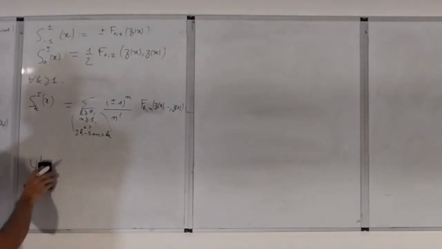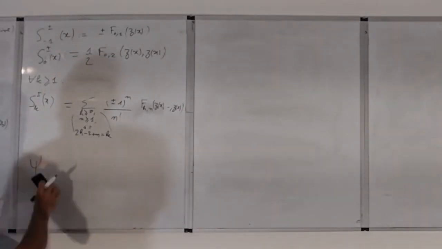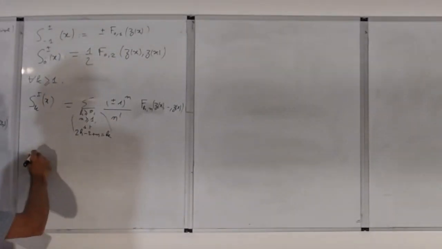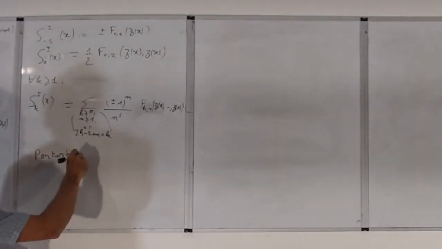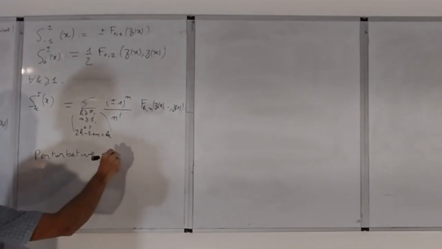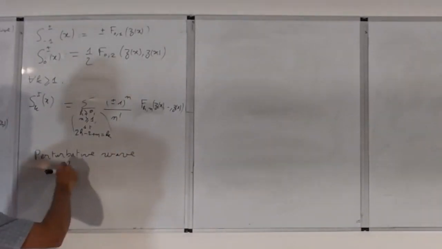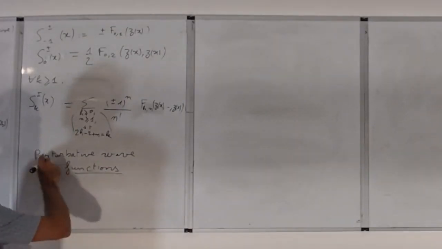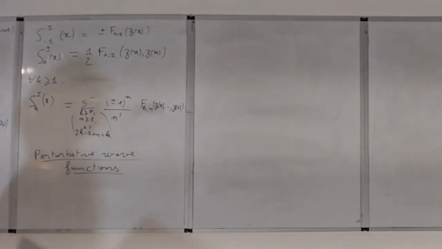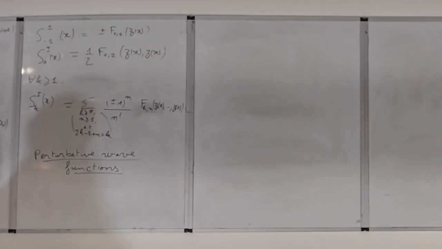So now out of that, I can build two perturbative wave functions, which we would love to be a solution to a differential equation, but it will not be the case in general.